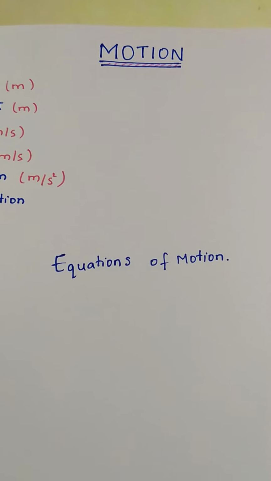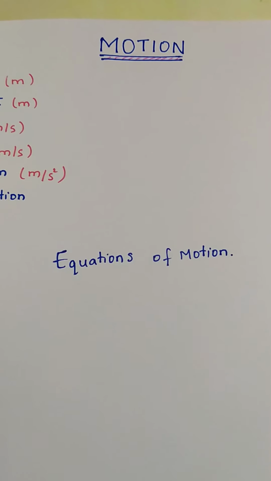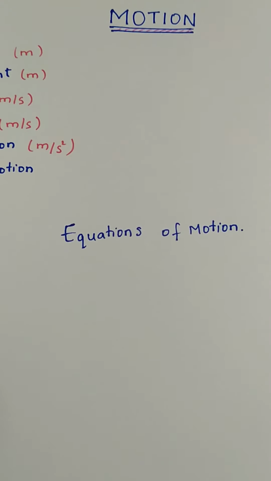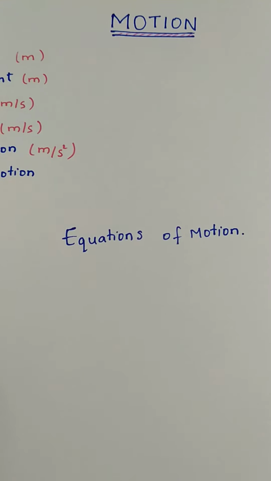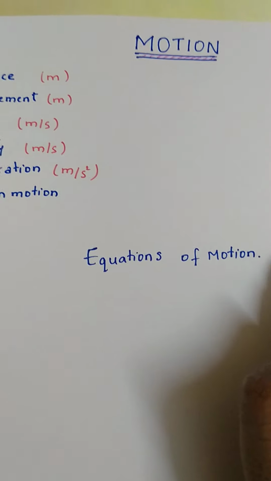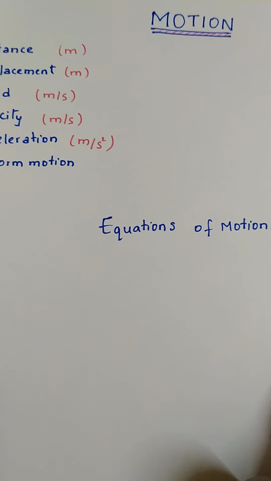So it's all about the different parameters of velocity, acceleration, time, and distance. All these things can be related by a set of equations, which we call equations of motion. There are three such equations, and we shall write one after the other.